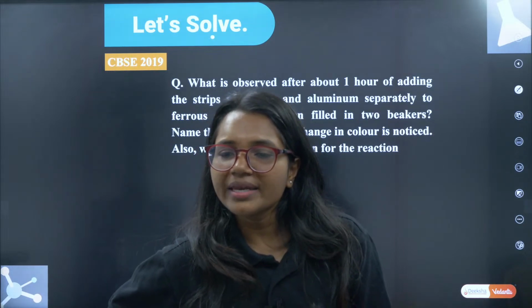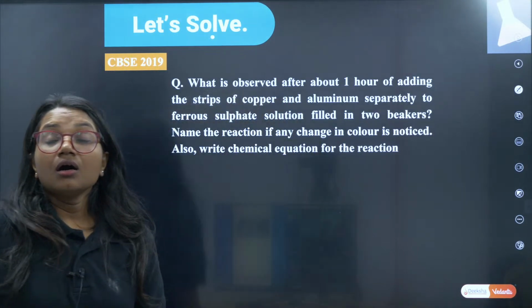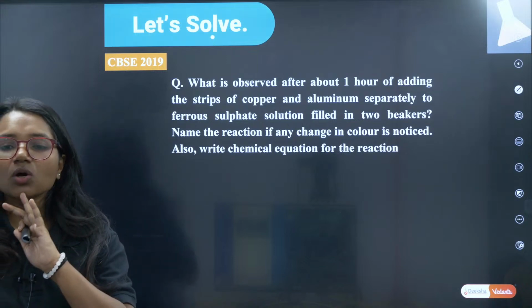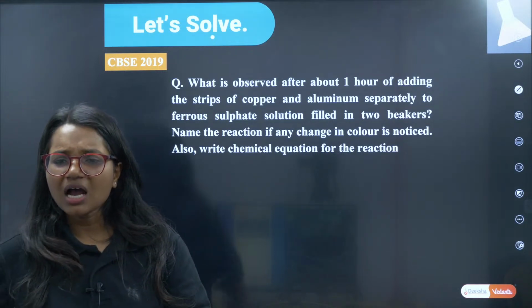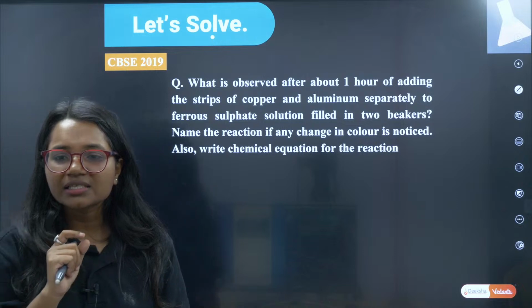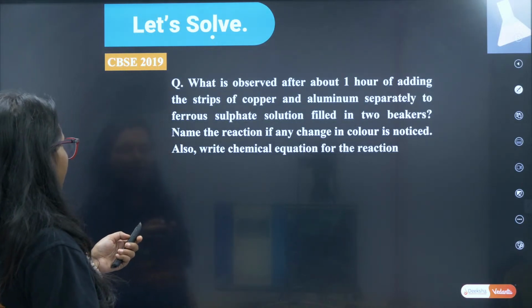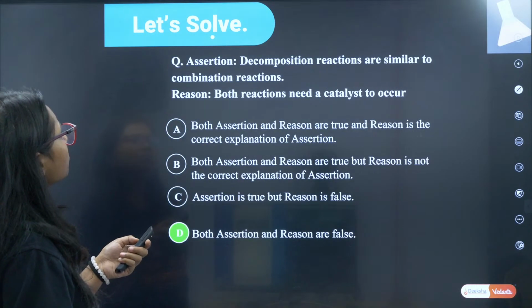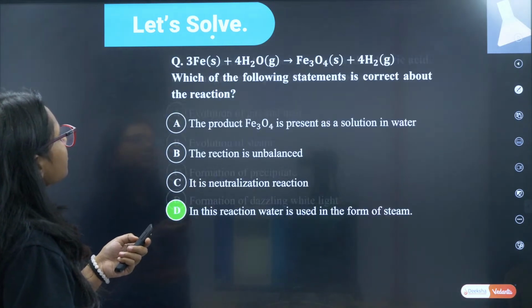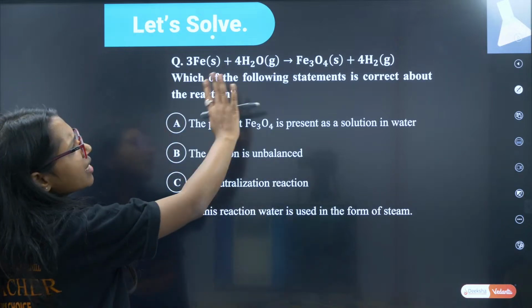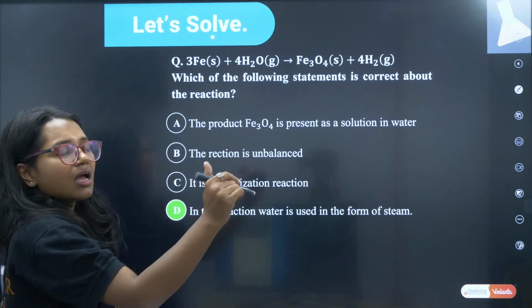Ma'am, how is it a combination reaction? What was your name? I forgot. Vriksha. Yes, how is it a combination reaction? It is a displacement reaction. Who is displacing whom? In this reaction, who is displacing whom? See here, it is not a displacement reaction.